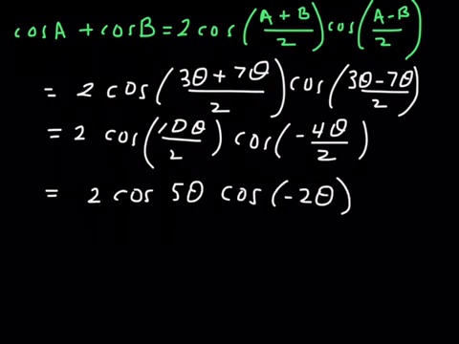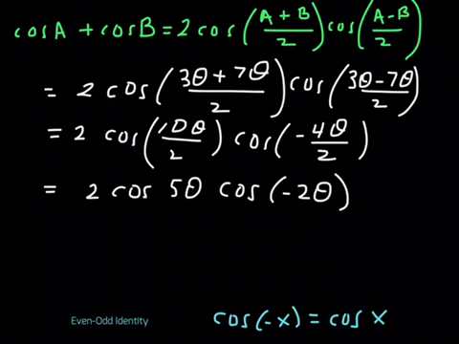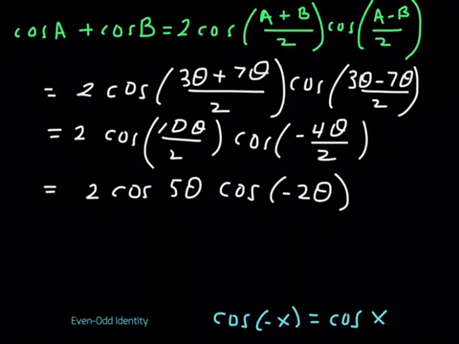Now, you're not done, because remember this fact. This is an even-odd identity. Remember that cosine of negative x is equal to just cosine of x. It's one of your even-odd identities.